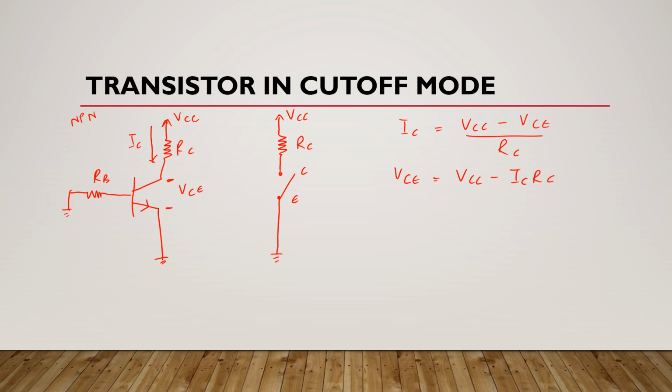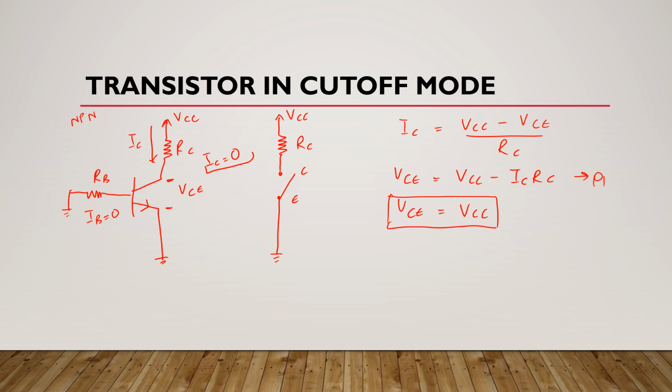Now, when this transistor is in cutoff region, we know that emitter base junction is not forward biased, and if we neglect leakage current here, it means all of the other currents are zero. That is, base current is zero, collector current is zero. Now if we put this value of collector current here in this equation A, we get VCE is equal to VCC.